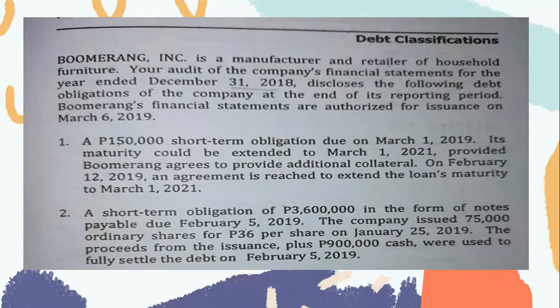So, what will happen? Is it current or non-current? Current siya, ate, kasi mag-due ang obligation sa March 1, 2019. Sa akin, non-current. Di ba December 31, 2018, yun yung reporting period.